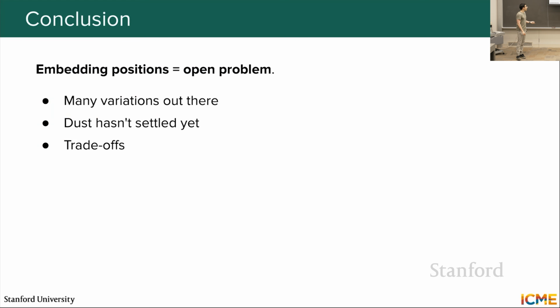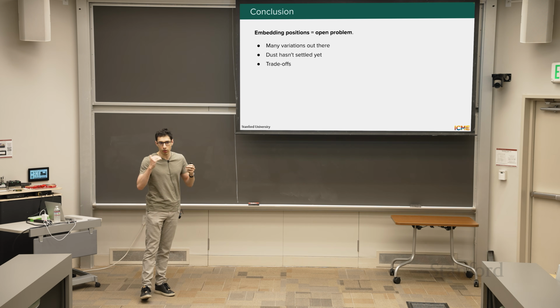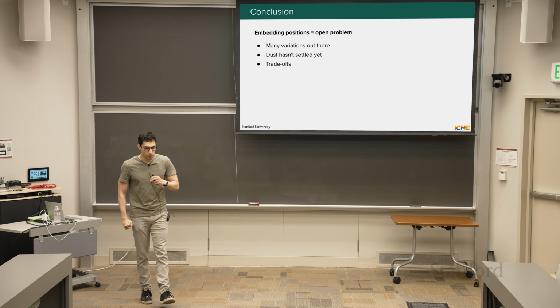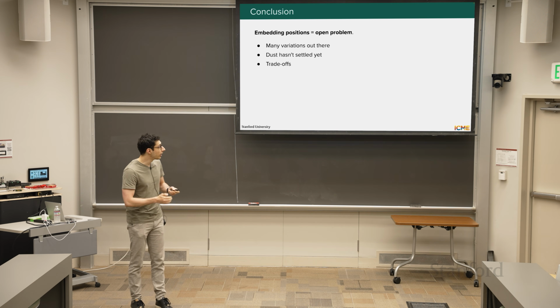And so I just went through some of the keys that made some of these techniques work well. I just want to say that this is very much an open problem. There are not many papers that use the same techniques, but rather many that use variations to reach their own architecture's goals. And then there are trade-offs as well.